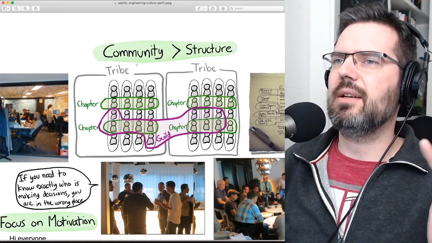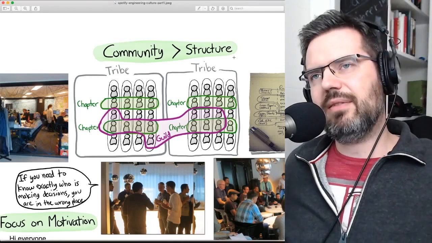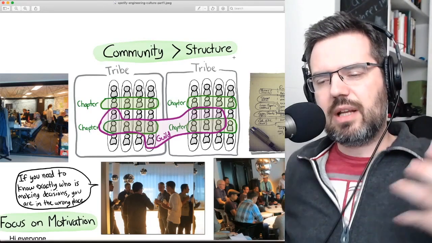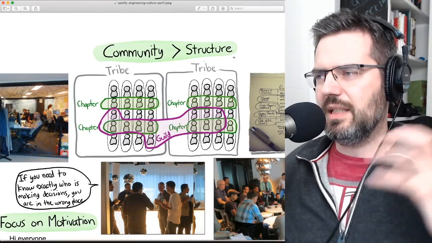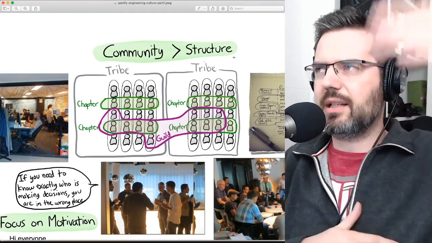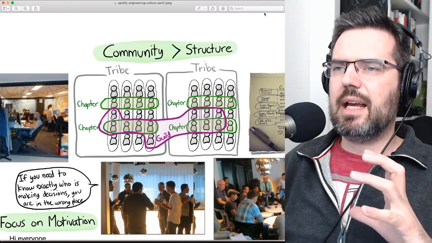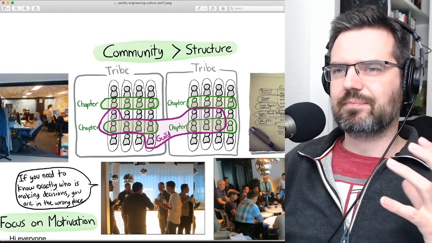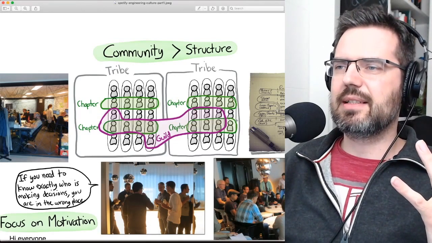The idea they are trying to accomplish is that you don't focus on the structure of the teams and make it hierarchical. You focus on building actual communities, they call it tribes and chapters and guilds.